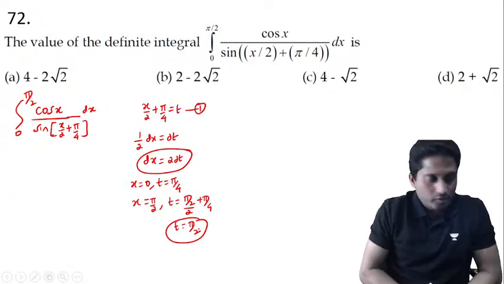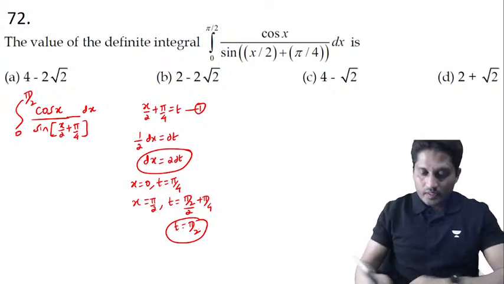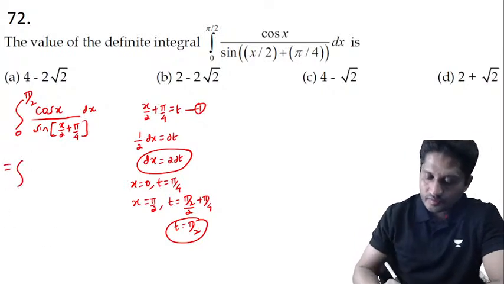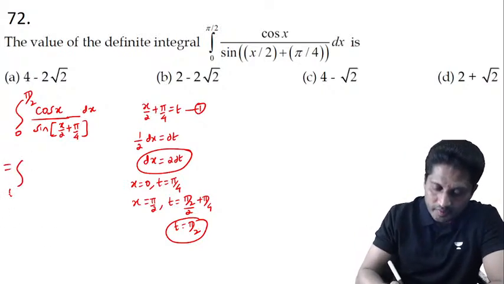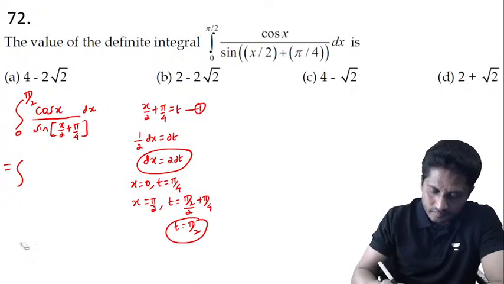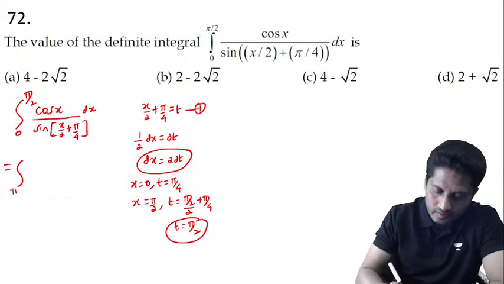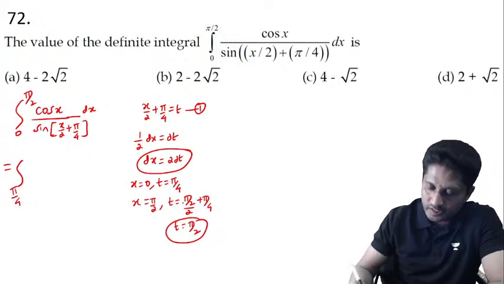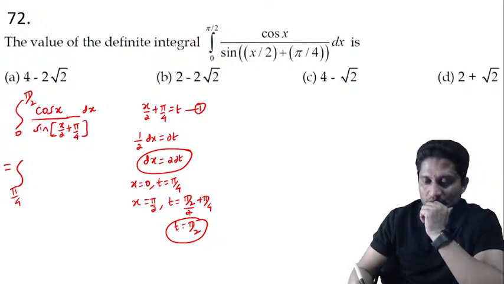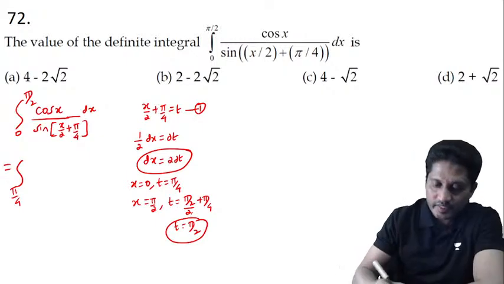Right, now if I substitute, this becomes integration from when x is 0, t is pi by 4, to when x is pi by 2, t is equal to pi by 2.